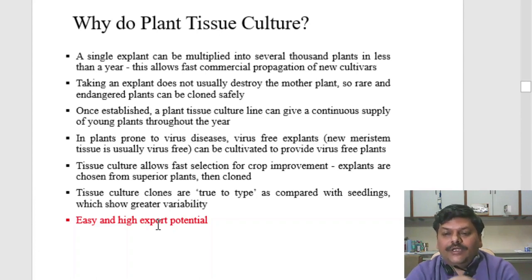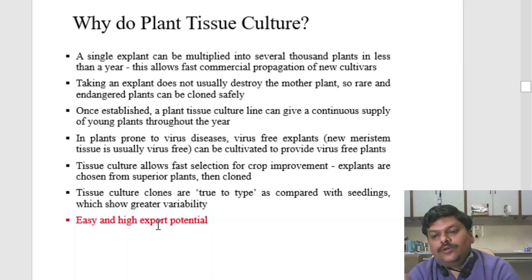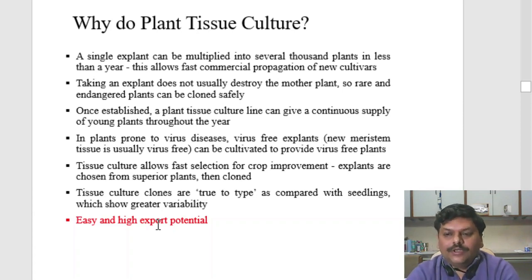Second benefit: if we take an explant from the mother plant, it does not destroy the whole plant. We only take a plant part, say for example either a shoot tip or a root tip. The mother plant is always there to provide more material. We need not kill or cut down the whole plant. So the source is always there. We only take a part from the source, which can be developed into a whole plant, thousands of plants.